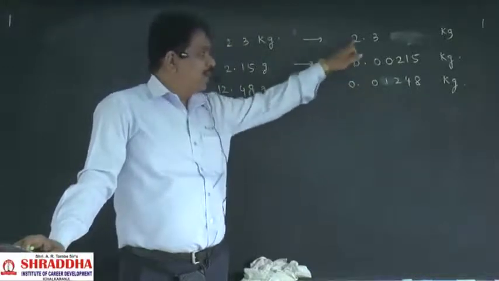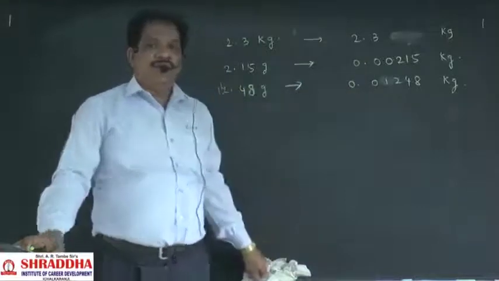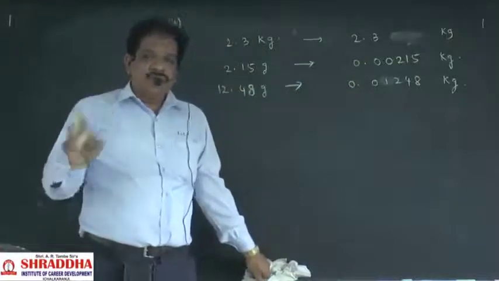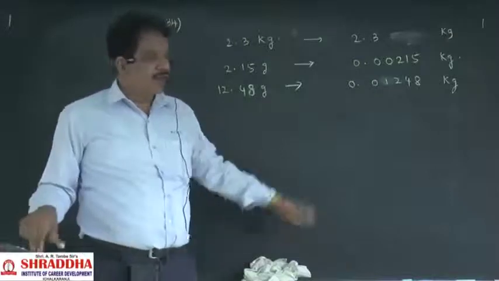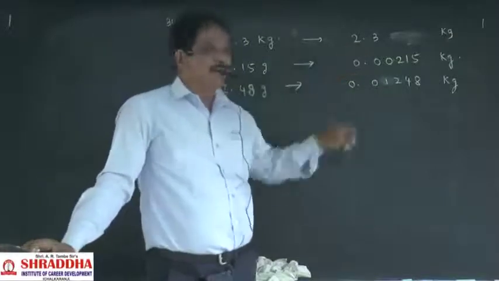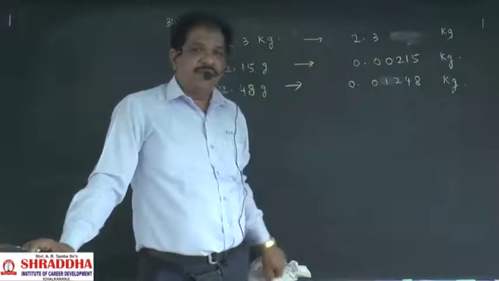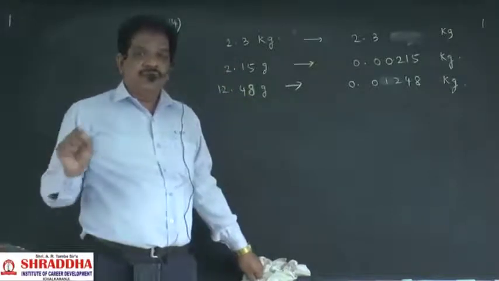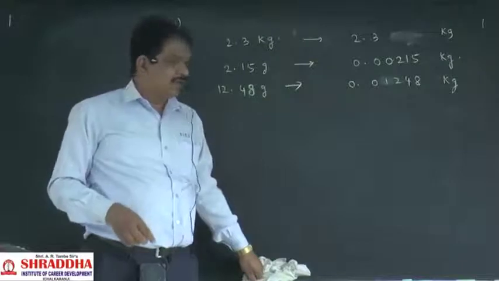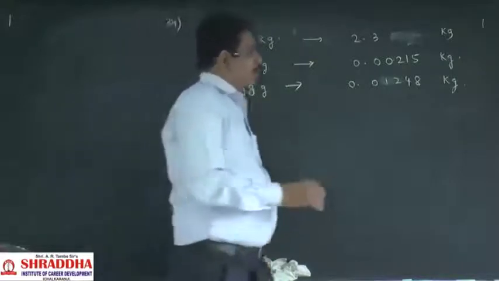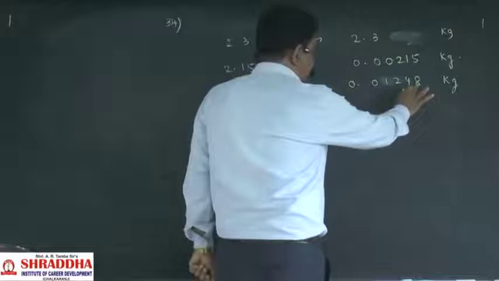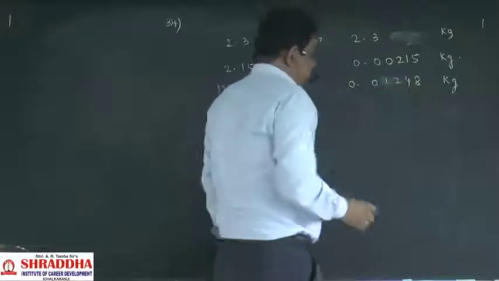Among the numbers, the minimum has two significant figures. Remaining all numbers should be rounded to have three significant figures. That's why we have to discard this 8, then it becomes 5.